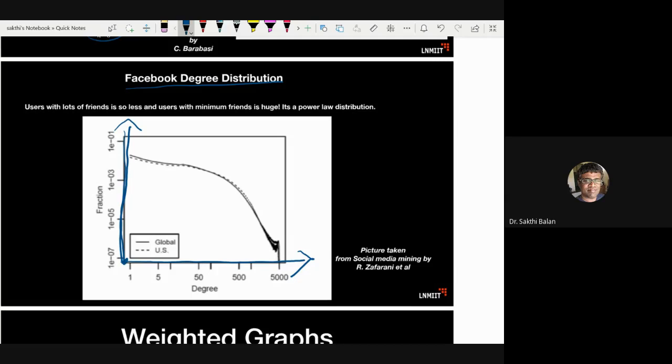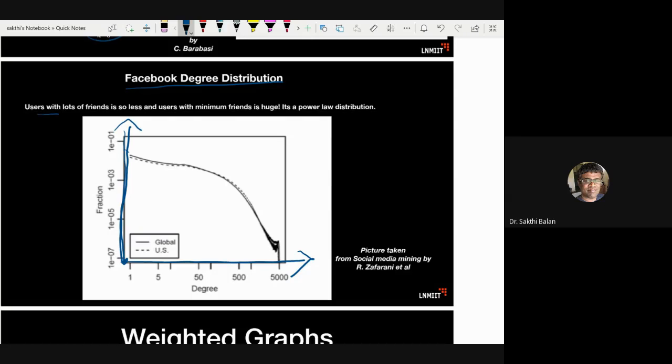I'm seeing there are many such nodes. So that means there are many nodes having less degree. So in Facebook, you might have seen there are many people who do not have much connectivity, but at the same time, you would have seen there are few nodes having very large degree, right? So both things are coming together.